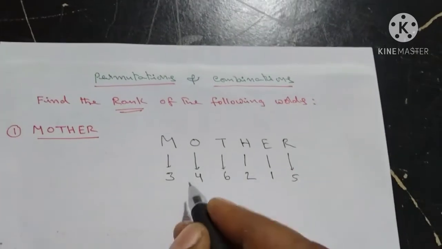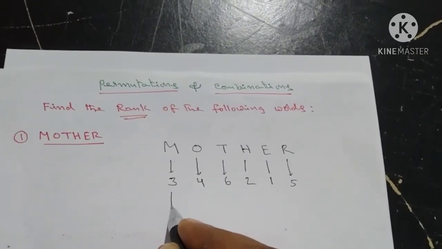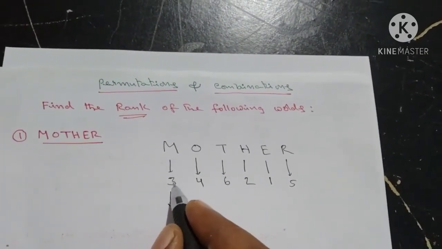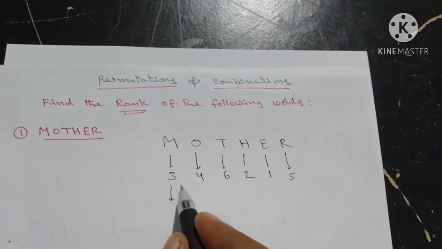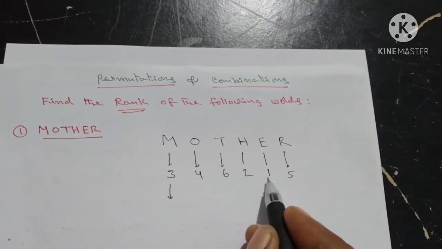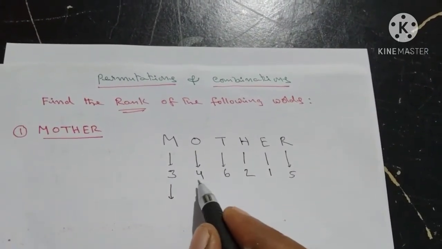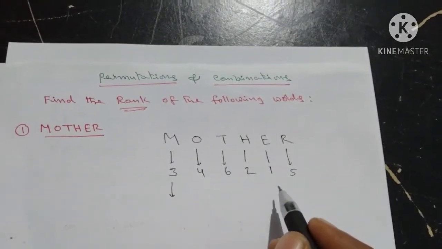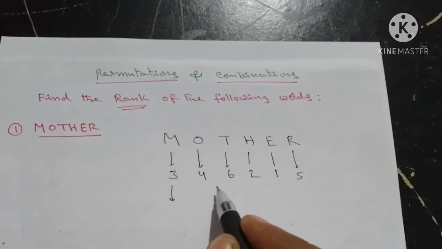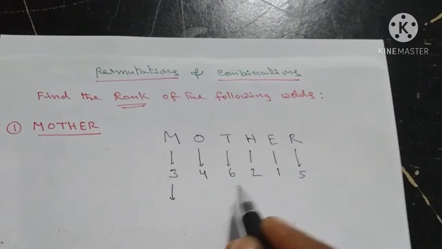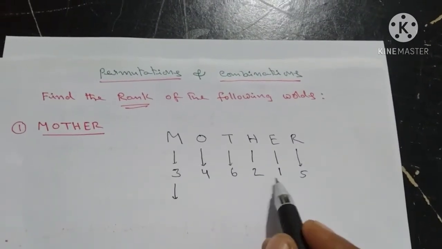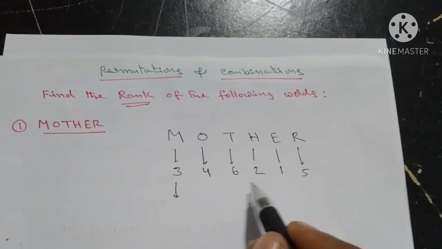Now, for 3, the number of lesser values in the right side of 3. How many lesser values of 3 in the right side?